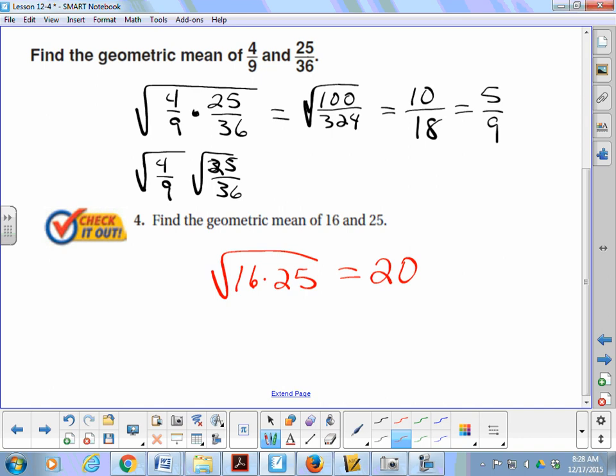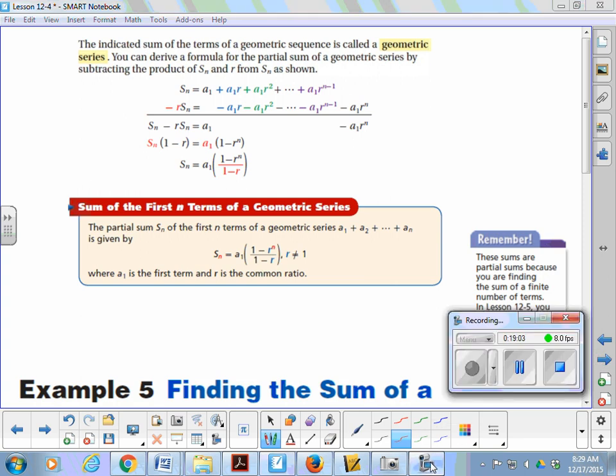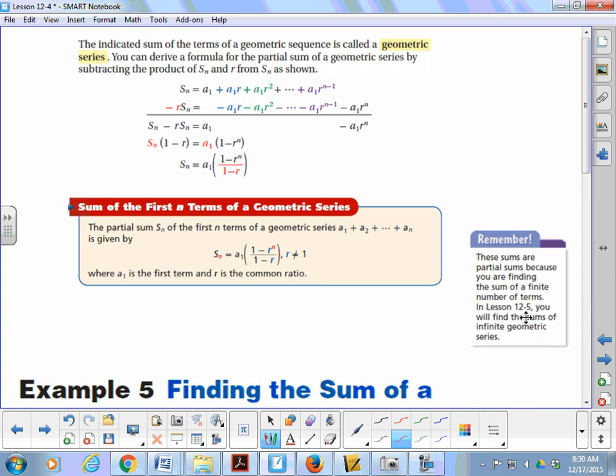Okay. All right. Finding the sum of a geometric series. Okay. So now we're adding them up. Right? You added them up before when we were doing those ones previously. Well, here's the formula then right here for finding the sum.